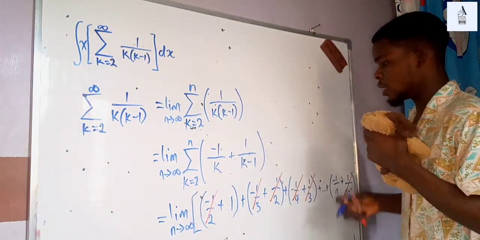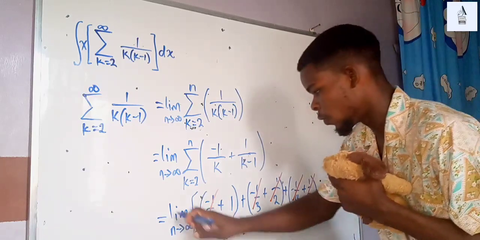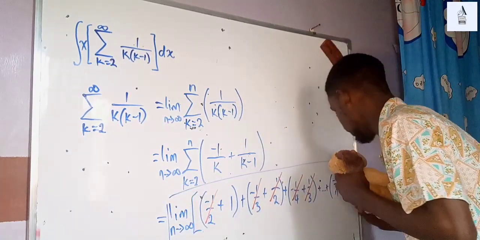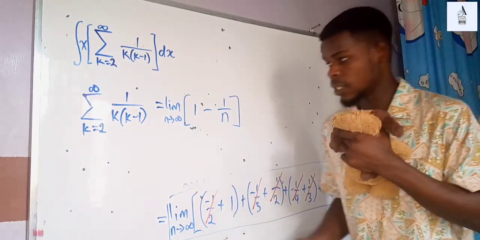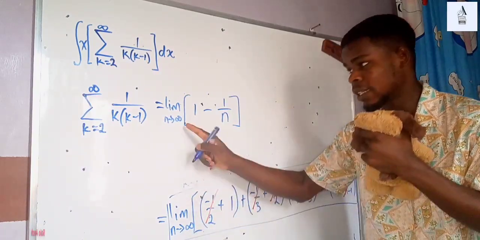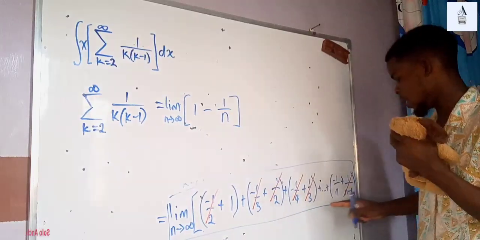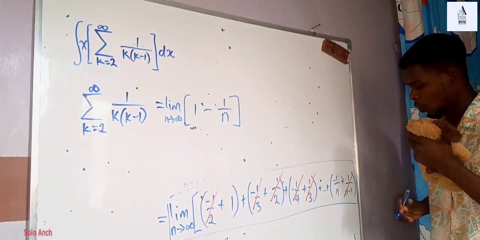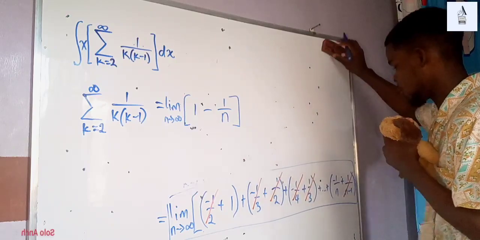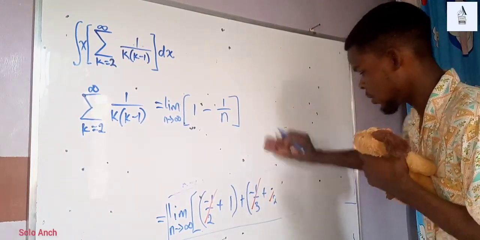So maybe I will clean this up, and then we're going to continue from this line. Here we're just going to have the limit as n tends to infinity of positive 1, which I've written out there, and then negative 1 over n, which I've written out here.